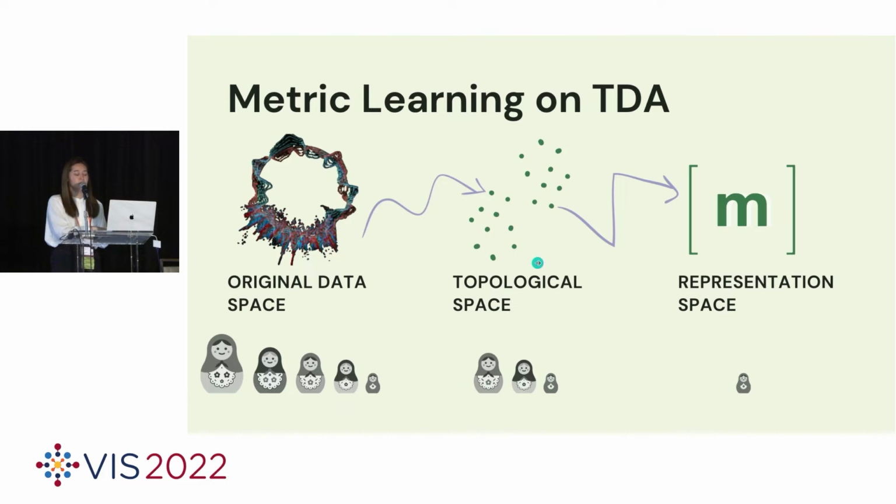What we want to do is map the original topological feature into a much smaller space, which I will call the representation space, while still maintaining the similarity, and the similarity I'm talking about is the topological similarity. That means we want to use metric learning to get more concise representations that can maintain the quality of the original topological descriptors.